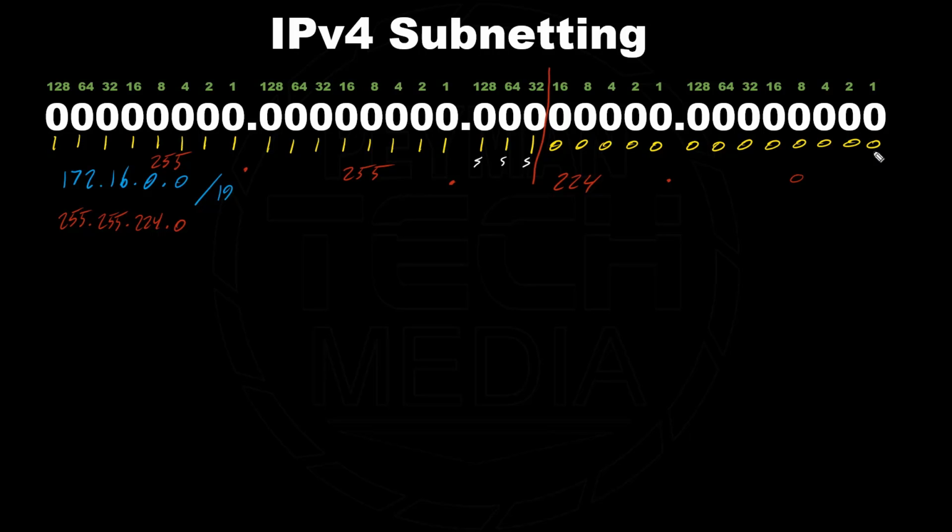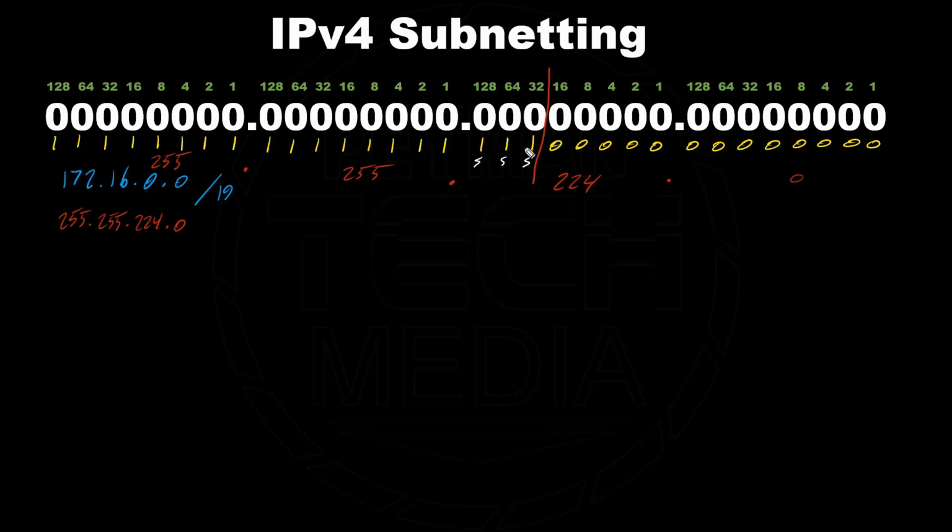So after finding our cut line, we need to pay attention to the interesting octet. The octet where we have the combination of ones and zeros is basically the last octet in the subnet mask that contains ones. In this subnet mask, that is the third octet.